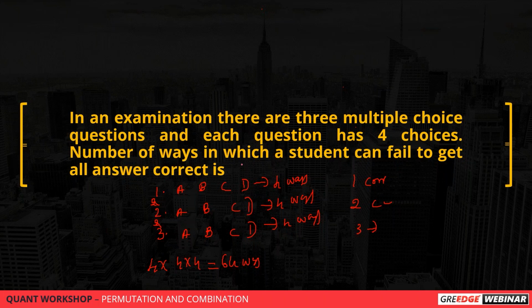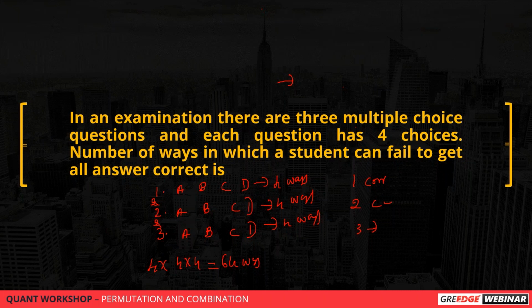Instead of that, if you look at it smartly, what does it say? The number of ways in which a student can fail to get all the answers correct. The easy way is to find out the negation part. How many ways can one student get all the questions correct?